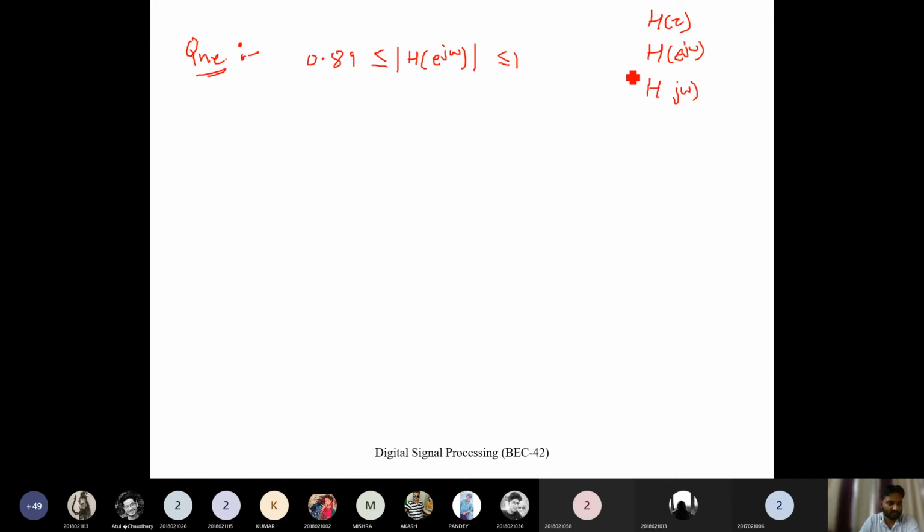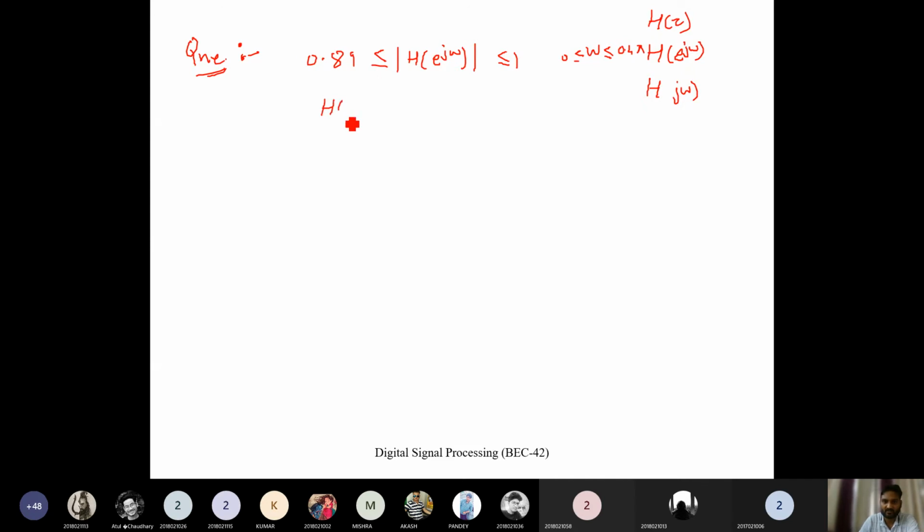This is the given specification, and it is given in the form of omega value ranging from 0 to 0.4 pi, for which this is the magnitude response.